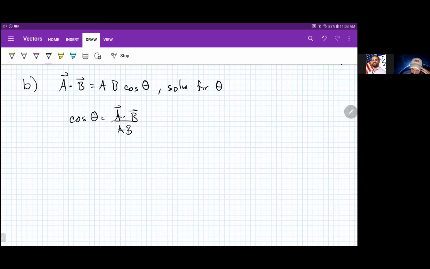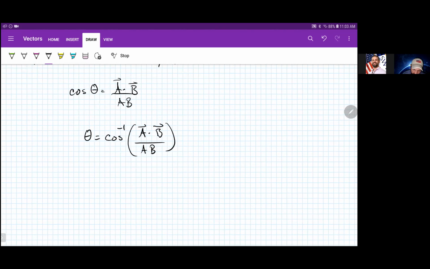We'd take the inverse cosine of both sides, and we'll end up with theta is equal to the inverse cosine of A dot B divided by the magnitude of A times the magnitude of B. So I still need the magnitudes of A and B, which is easily done.